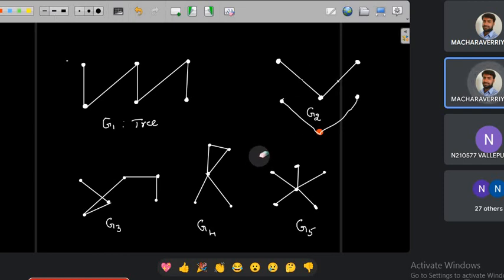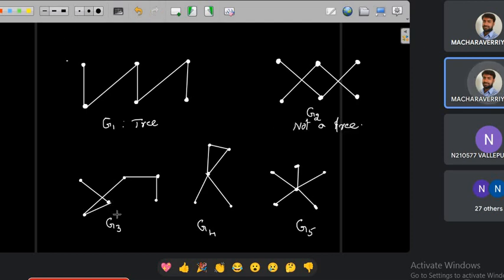Now it is not a connected graph. If it is a connected graph, then we will verify whether it has a circuit or not. Since it is not connected, I don't verify further. So it cannot be a tree. All right. So this is not a tree.